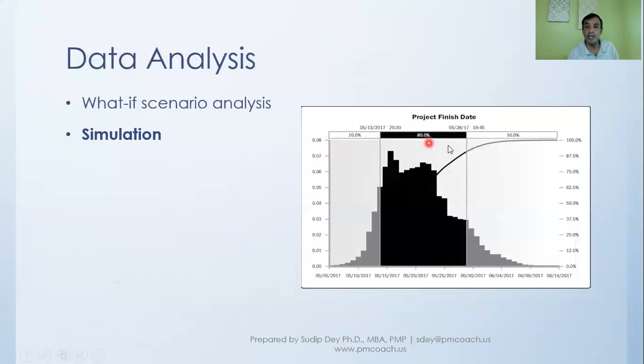And we can say that there is a 90% probability, which is 80 plus 10, that it will get over by May 28th. So this is how you look at the simulation. This is how you explain through the probability distribution your finish date or schedule in your project.